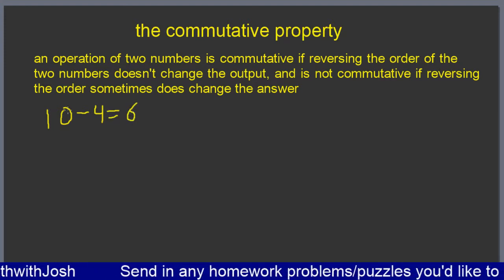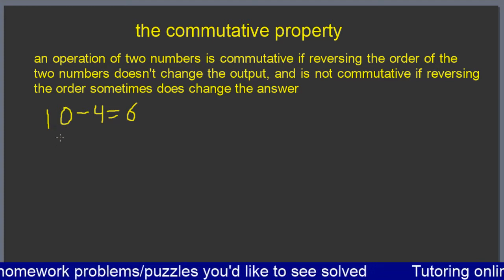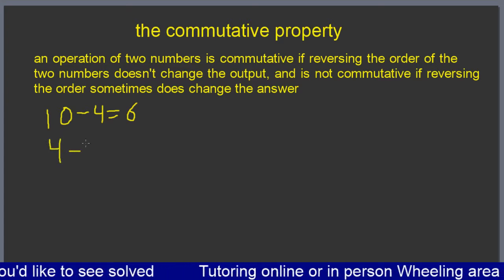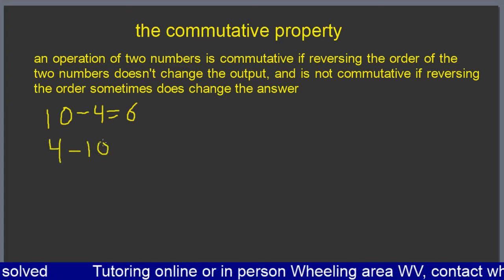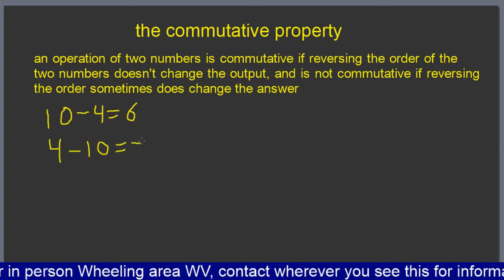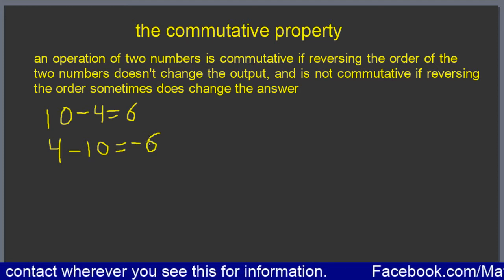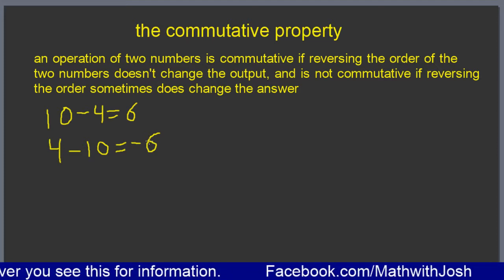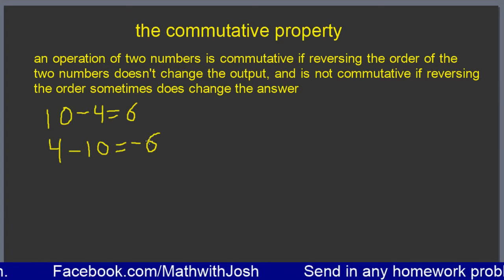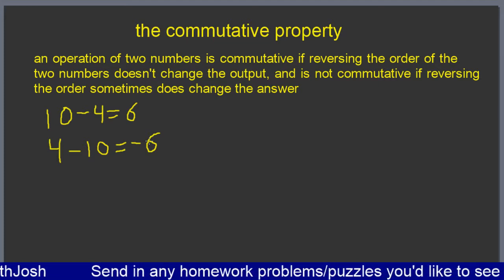But subtraction is not commutative in this sense, because if we write 4 minus 10, we get negative 6. And because 6 and negative 6 are different numbers, this actually proves, because we only need one example, this proves that subtraction is not a commutative operation.